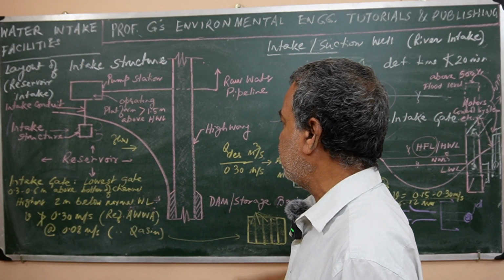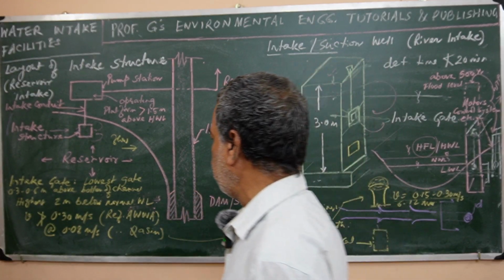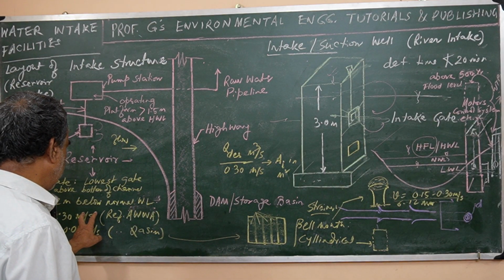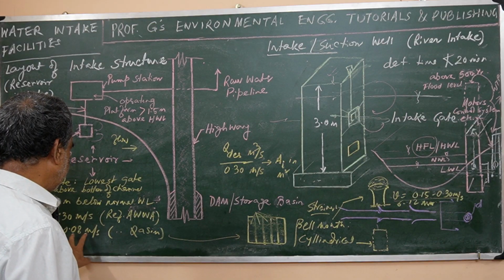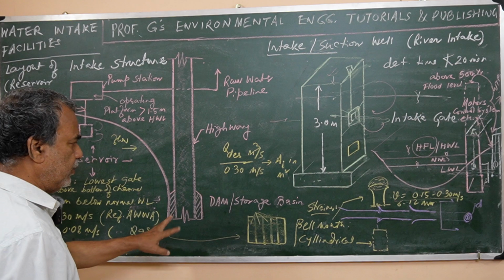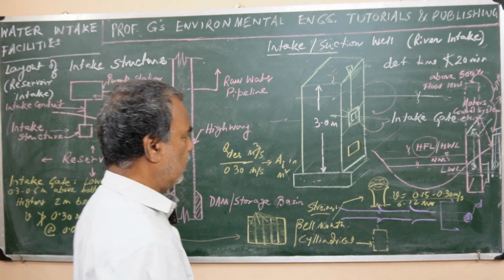In that case the velocity should be this, based on the gross area, and this is based on the net or opening area. Accordingly you can find out the dimension of the gate.